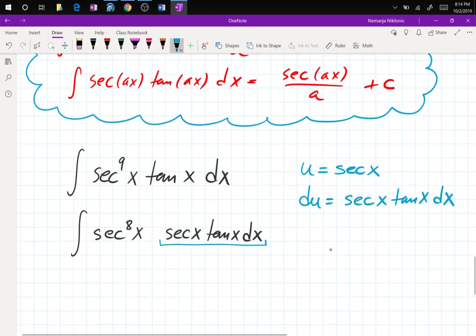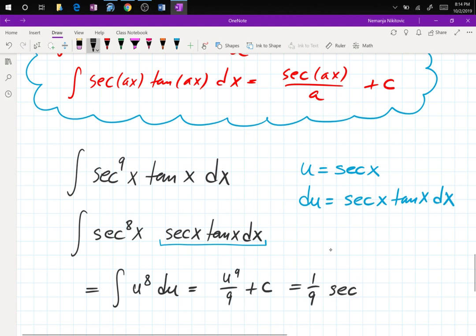And since u is equal to secant, this problem turns into u to the 8 du. The whole mess just compresses into this quickly. Now we can integrate this one, get u to the 9 over 9 plus c, which is 1 over 9 secant to the 9x plus c, and we are done.